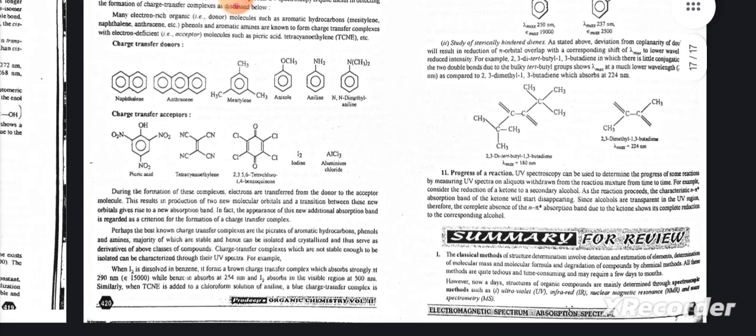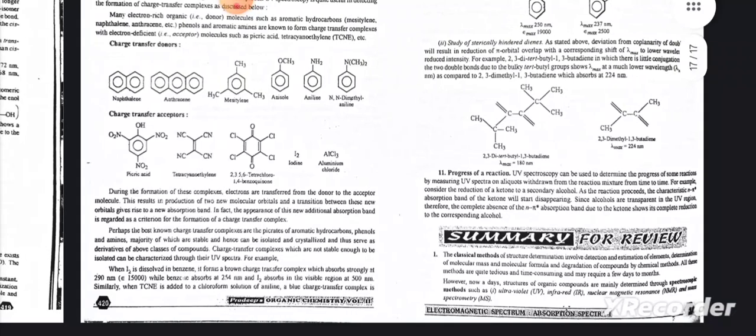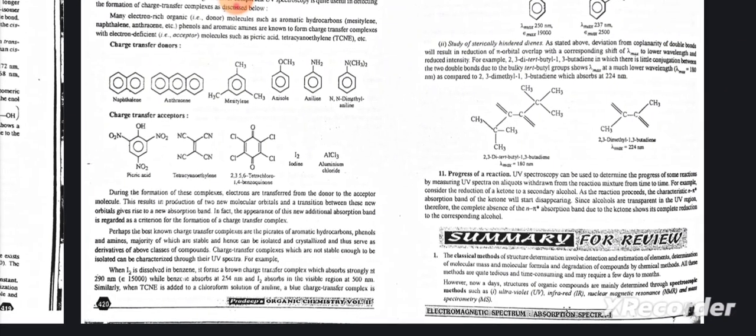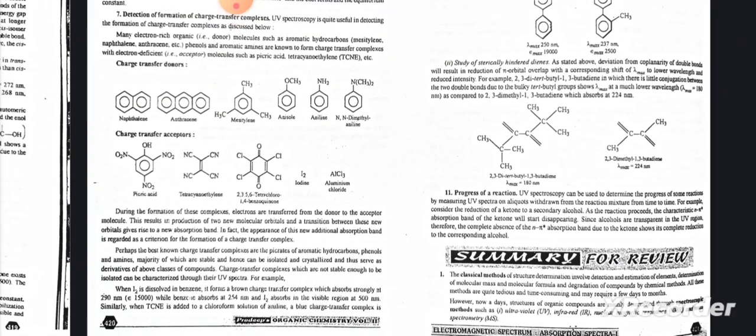In fact, the appearance of this new additional absorption band is regarded as a criterion for the formation of a charge transfer complex. Perhaps the best known charge transfer complexes are the picrates of aromatic hydrocarbons, phenols, and amines, the majority of which are stable and hence can be isolated and crystallized, and thus serve as derivatives of the above classes of compounds. Charge transfer complexes which are not stable enough to isolate can be characterized through their UV spectra.